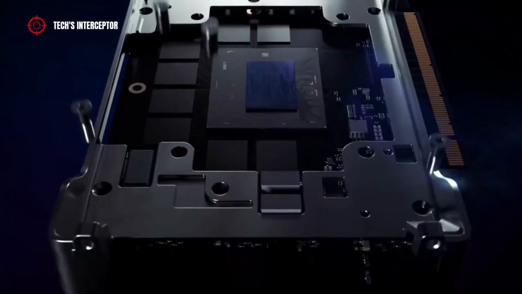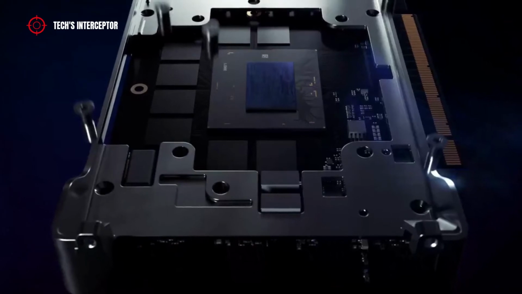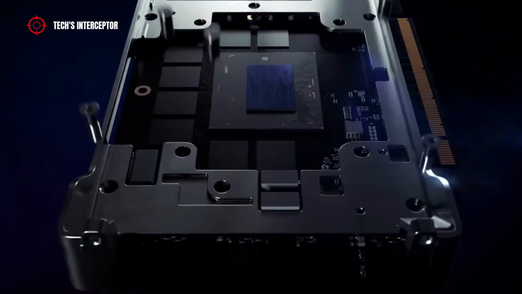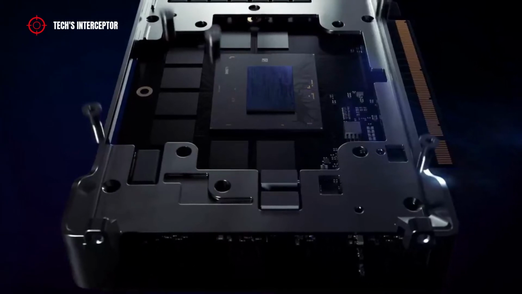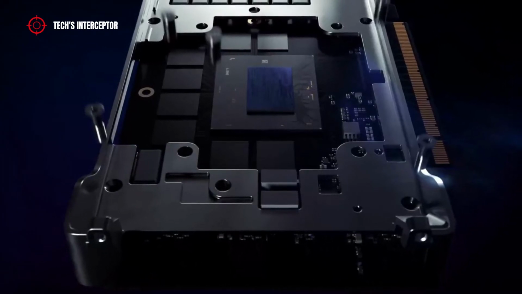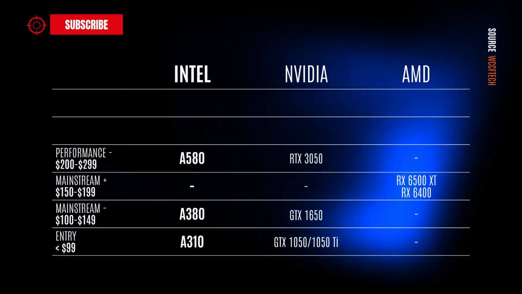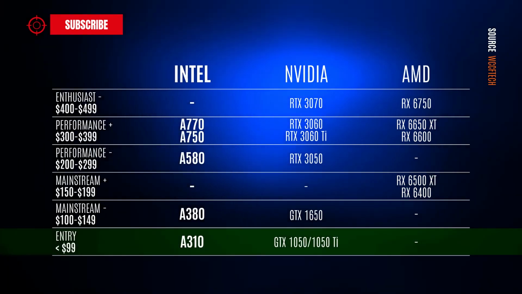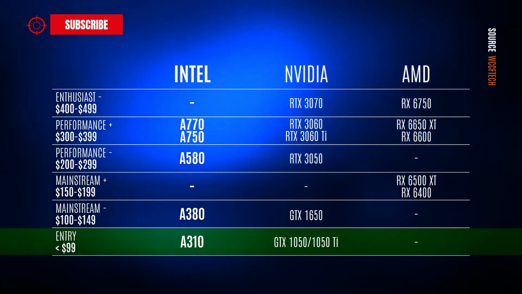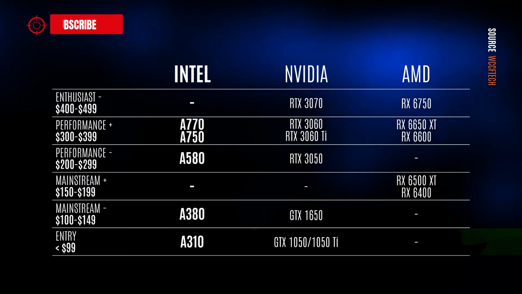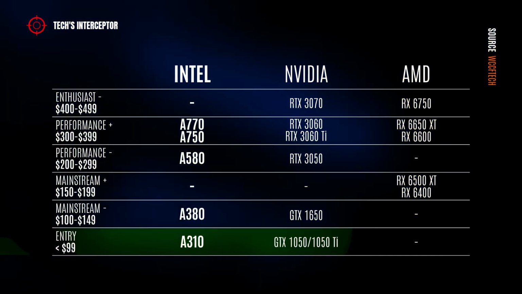But going to the main point of today, the same slide indicates the different MSRP price ranges in which the components of the ARC series are positioned. The first price band is the entry level and includes the low-end A310. This will go against the NVIDIA GTX 1050 and 1050 Ti, and it is set under $99.